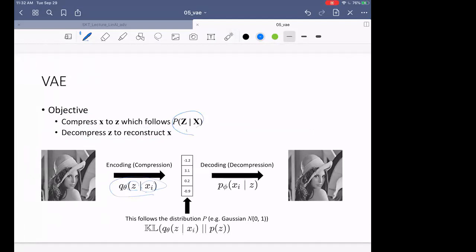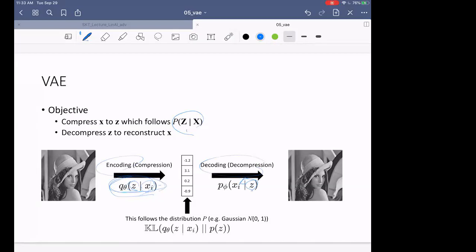So you use a learnable function Q to derive your Z; Q becomes an approximate distribution of P, and that becomes the encoder. The decoder is a conversion from Z to X. Both are neural networks, so you're using neural networks to learn your approximate posterior distribution.